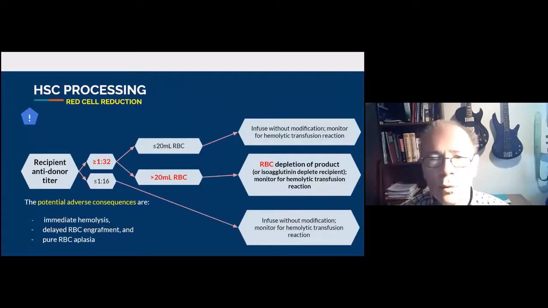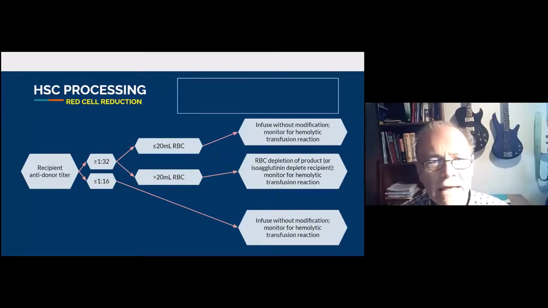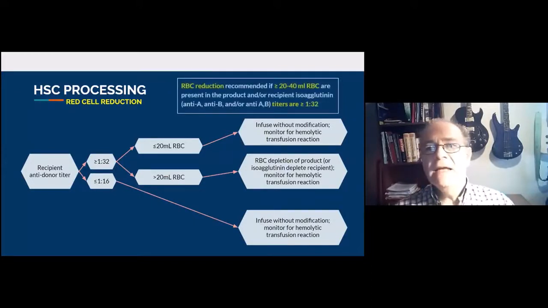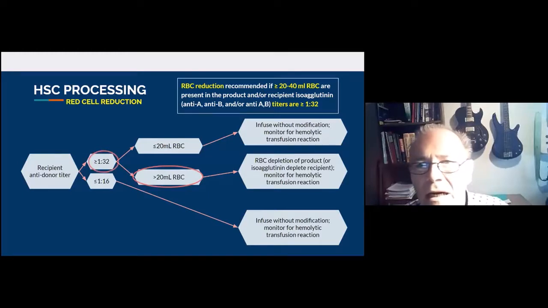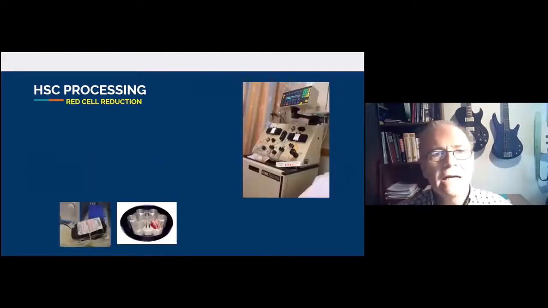For instance, we need red blood cell depletion. Here you can see it again: if you have more than 1 to 32 and more than 20 milliliters, you need to do the red cell reduction because we sometimes have incompatibility in the ABO.